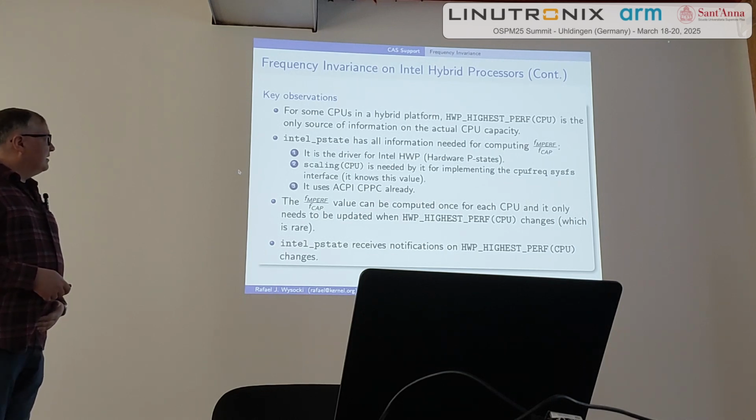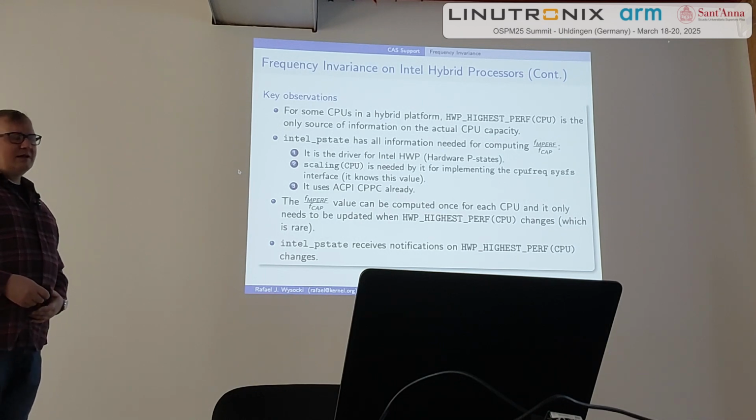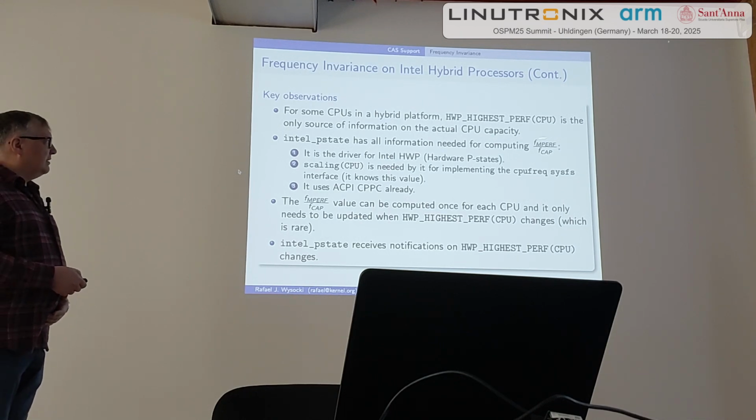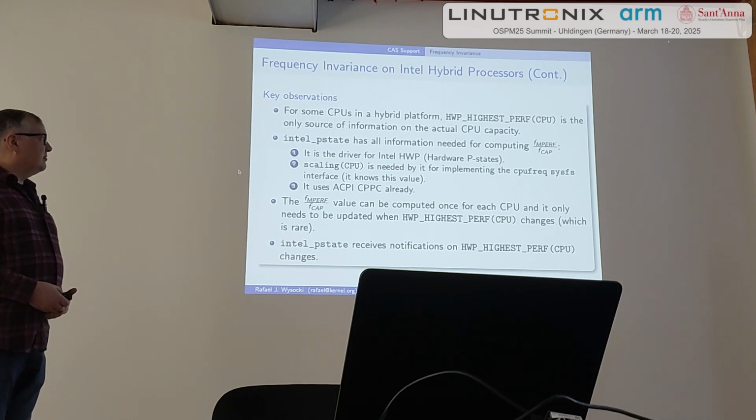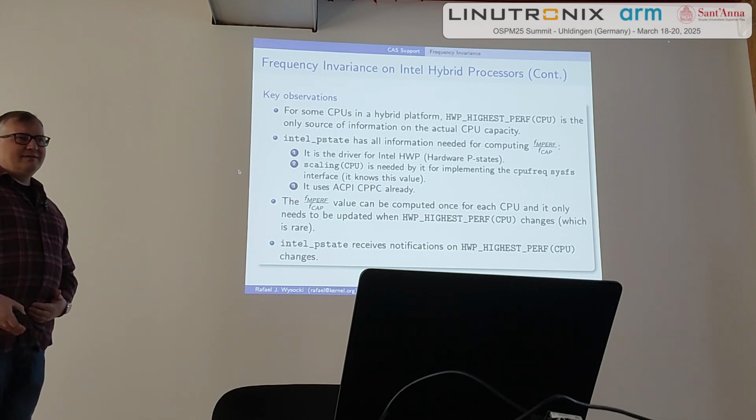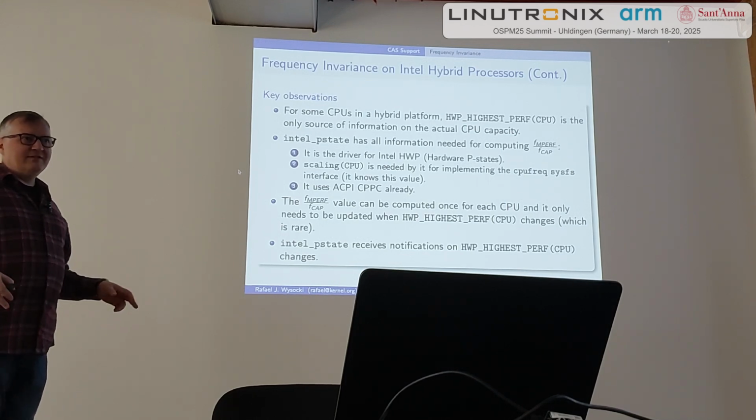The next thing is Intel P-State has all the information that's needed for computing this. And it knows about HWP because it's the driver for it. It knows how to compute this because it needs it already for implementing this interface in CPUFreq sysfs, which is in terms of frequency.